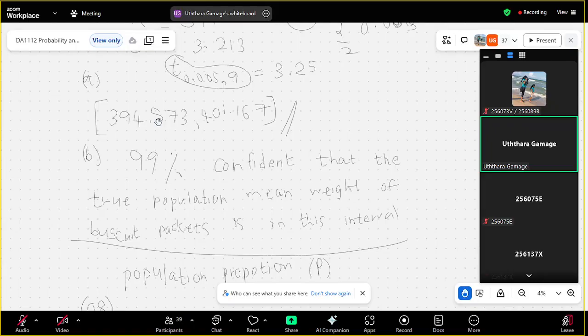You may get another formula for the confidence interval of population proportion, right?